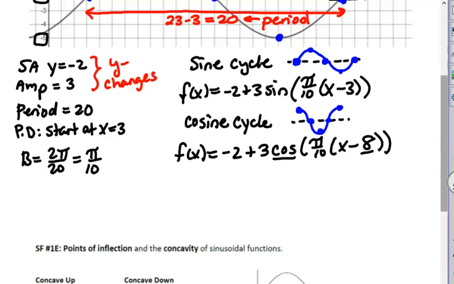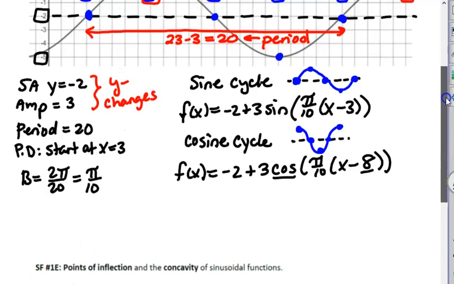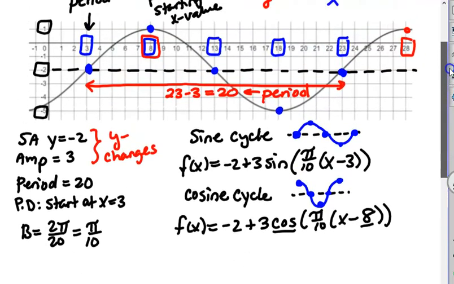Now, when we talk about starting points, I do want you to kind of look. We could have multiple starting points here, but let's look at these key points. I want you to notice here, in a cycle, the key points are 5 units apart. That's because the period is 20 and there are 5 key points, so in between each pair of key points is 1/4 of the period.